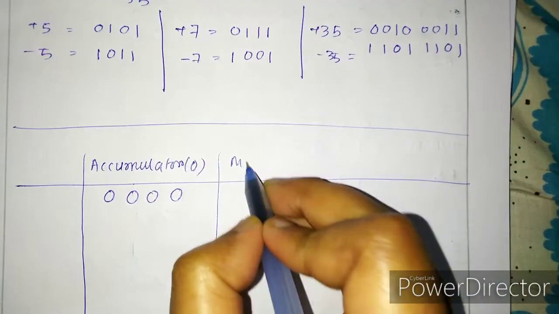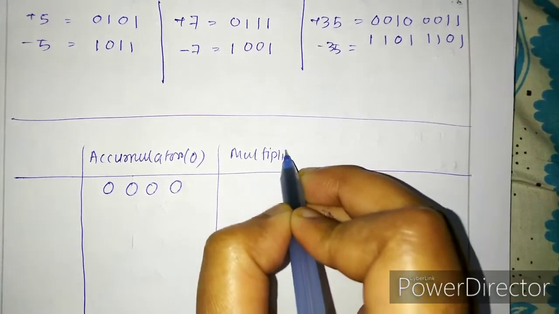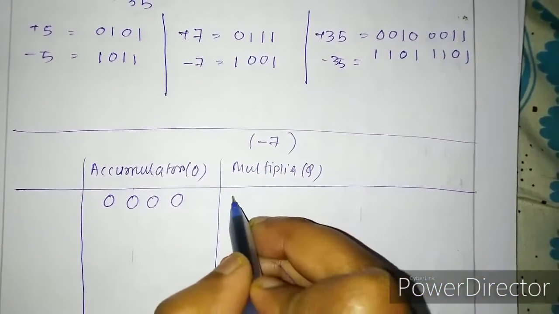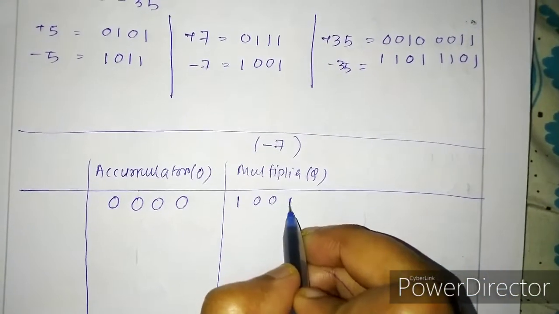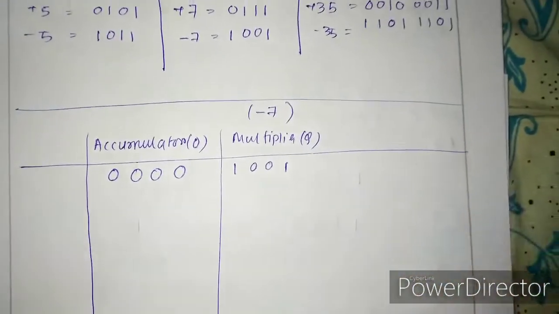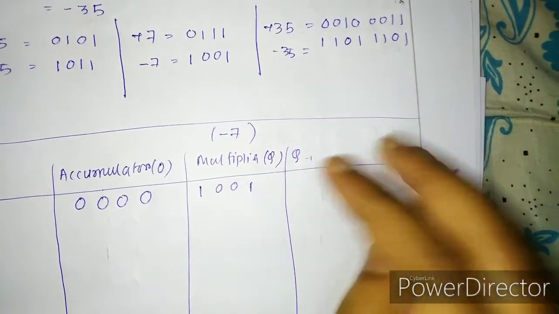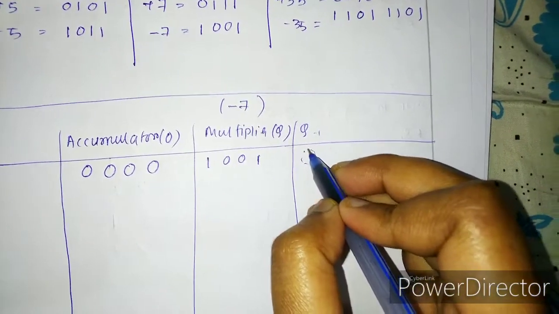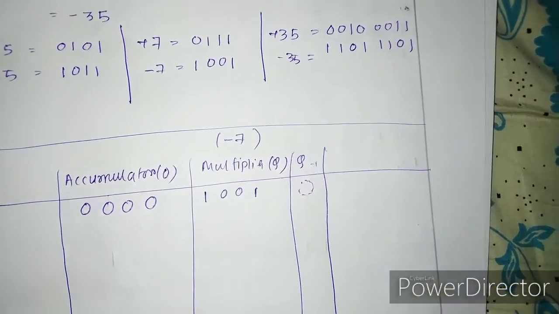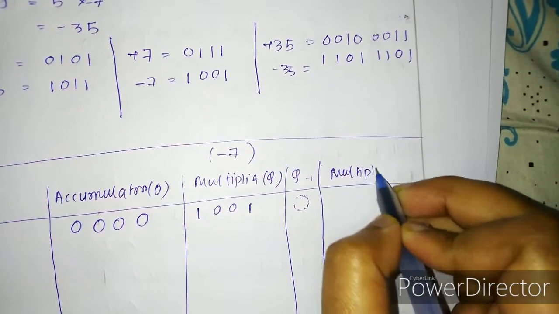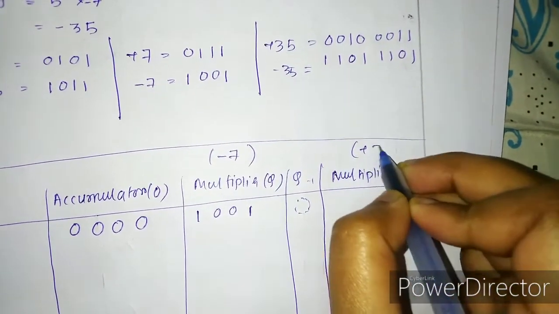Then the multiplier, the Q, minus 7, it is 1 0 0 1. Then the imaginary 0. Then the multiplicand.